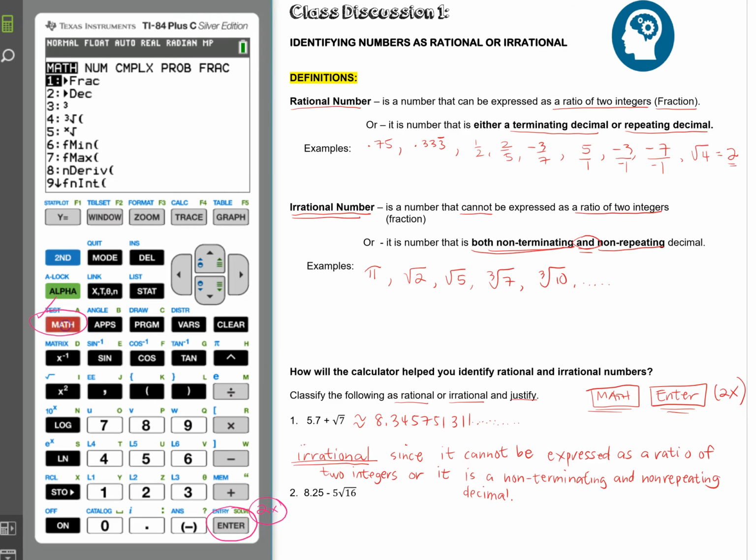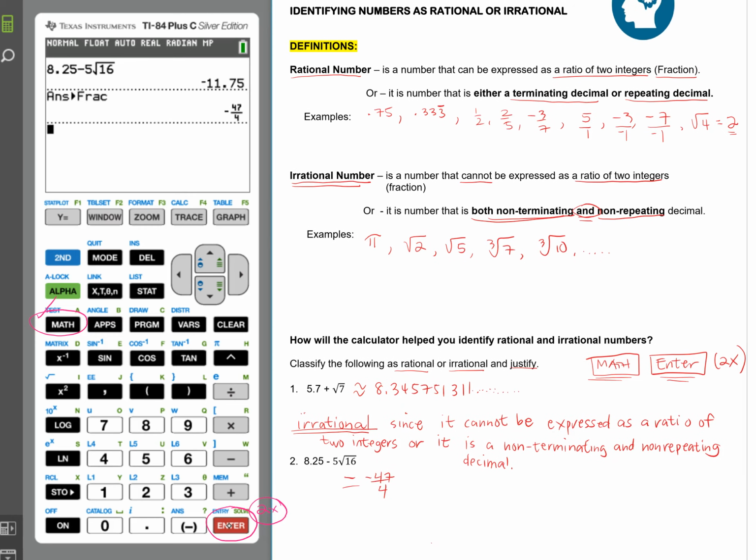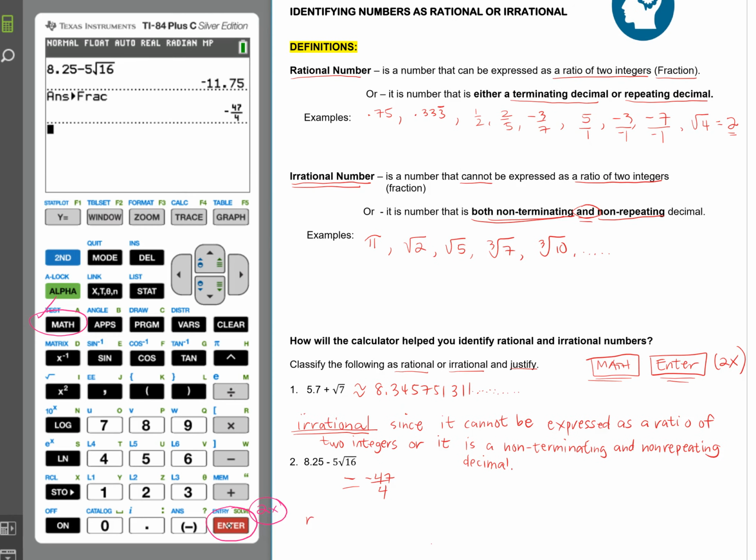I will just press math, enter twice, 1, 2, and this one gives you equal to negative 47 over 4. So since you were able to express this as a ratio of 2 integers, this one is a rational number.